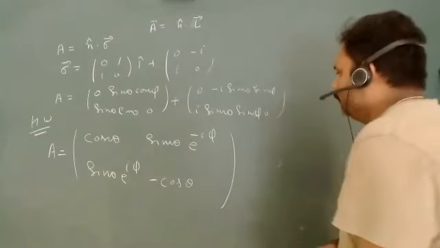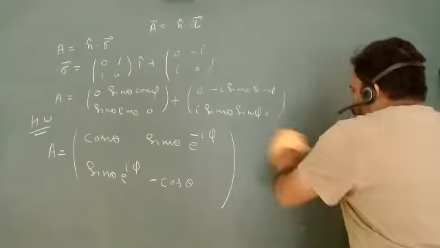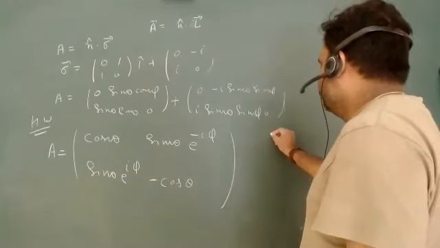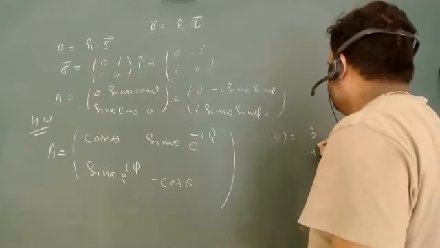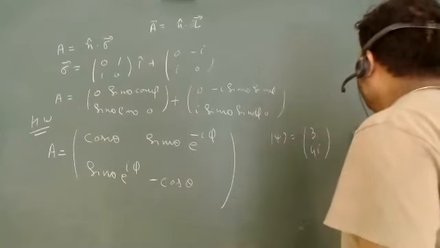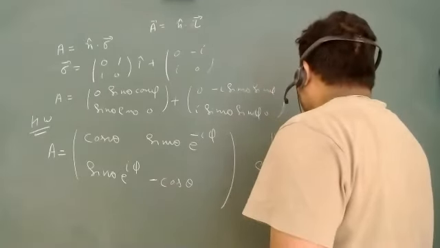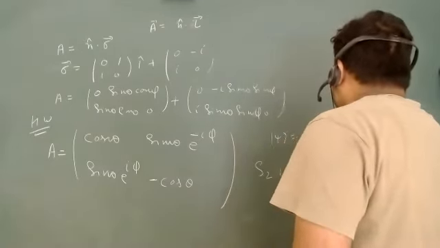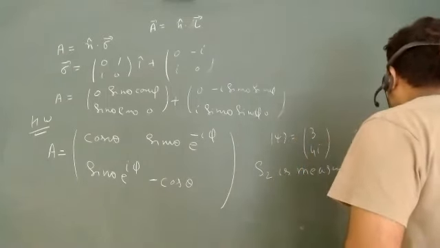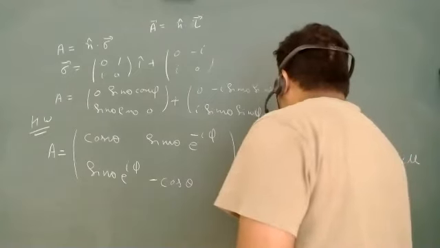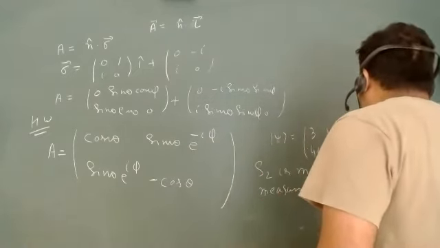A very simple problem. We have done it also in our postulates, but right now we will do it with the physics. The state psi is given as 3 and 4i. If Sz is measured, what will be the measurement, with what probability?